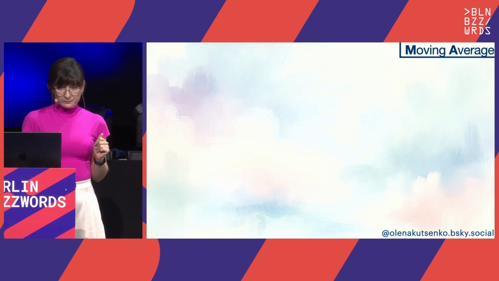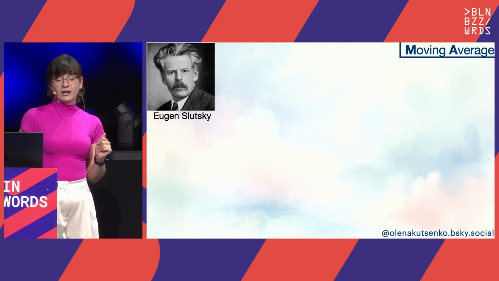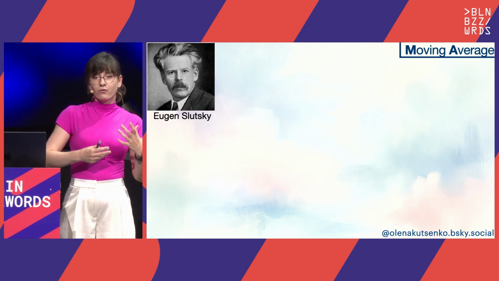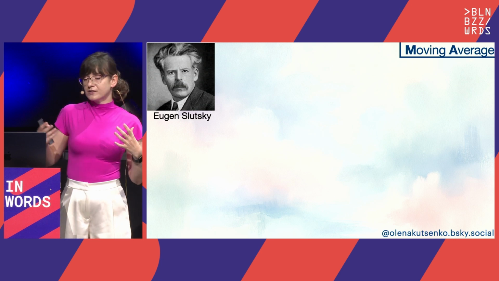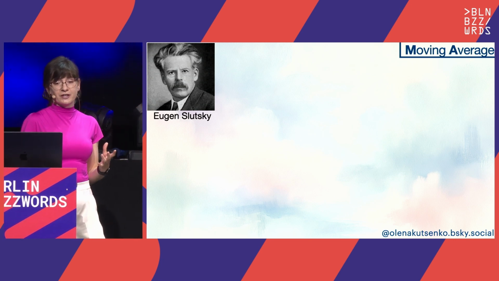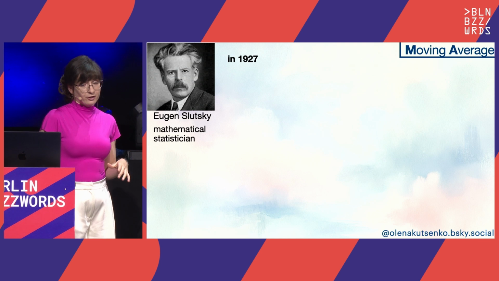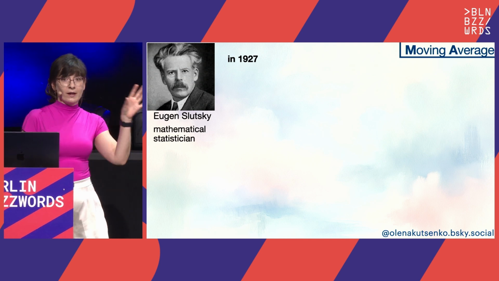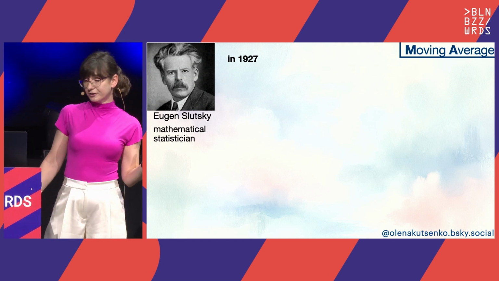Then moving average. The start for the moving average model was brought by Eugen Slutsky, the same year, even though it didn't become well known till maybe 10 years later.